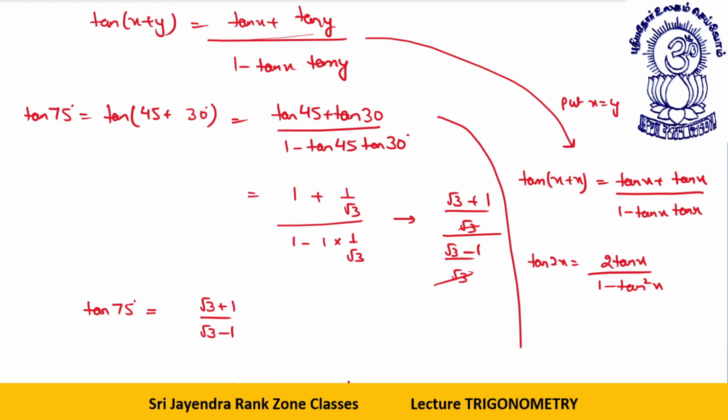This will become what? 4 times root 3 by 2, you will read as sin 60, sin 60 cos 20 minus cos 60 sin 20, this bracket closed, and in the last I will read 2 sin theta cos theta is sin 2 theta, that is sin 2 into 20 degrees.